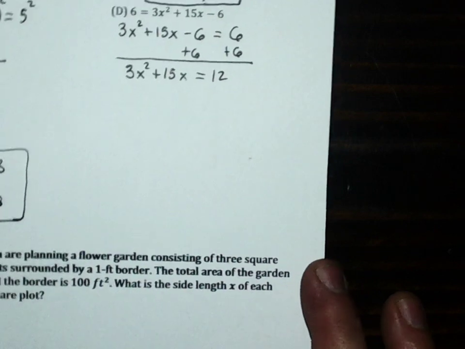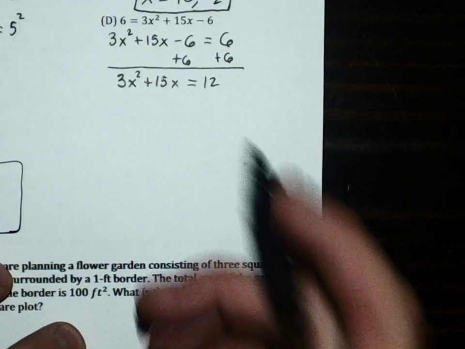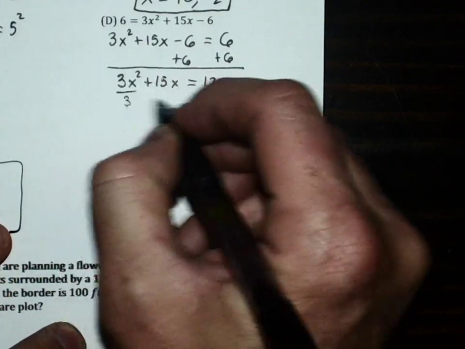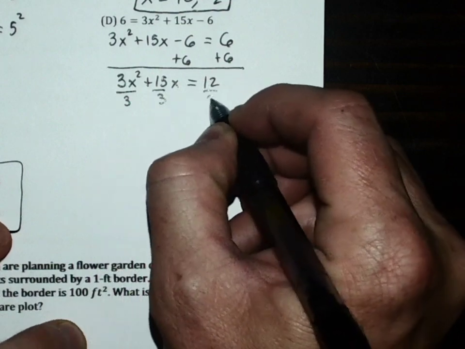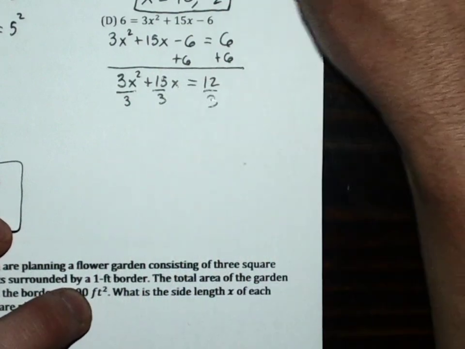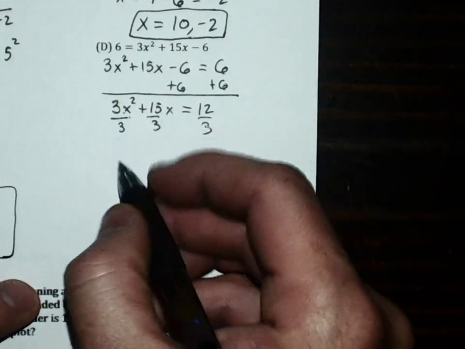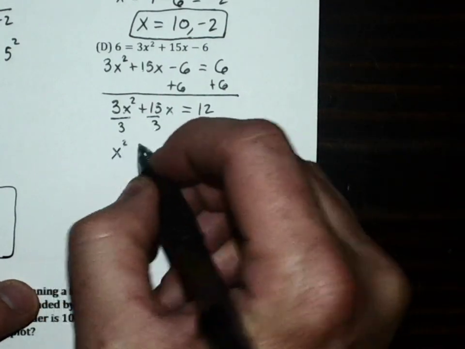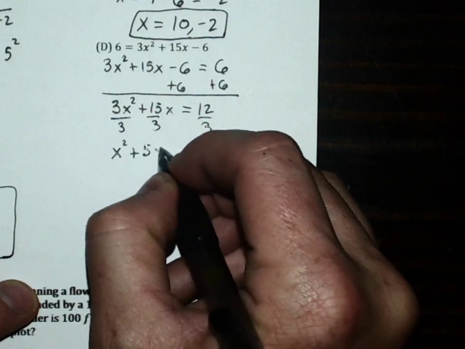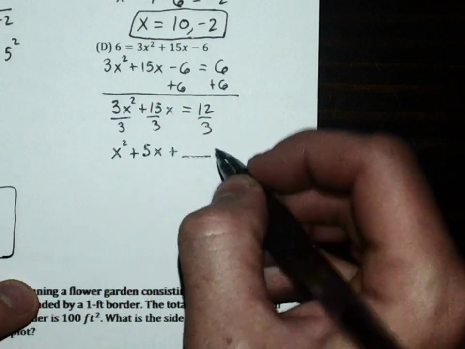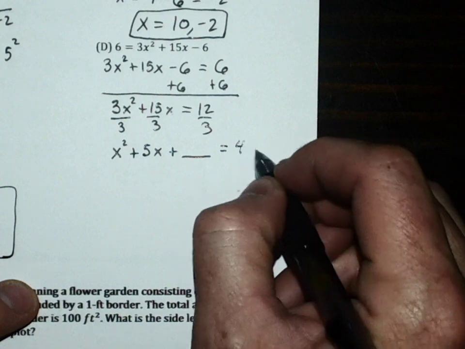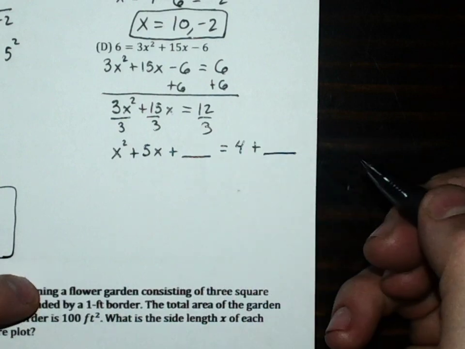Well, you have to divide that 3 out. You must divide every single statement by 3. So 3x squared divided by 3 is just x squared plus 5x plus blank equals 4 plus blank.